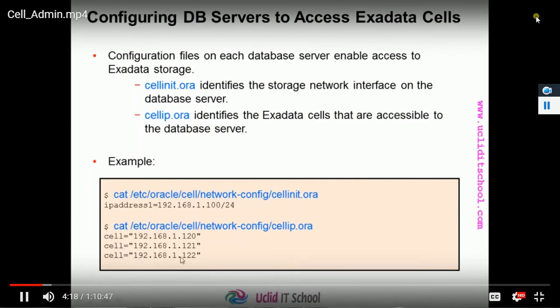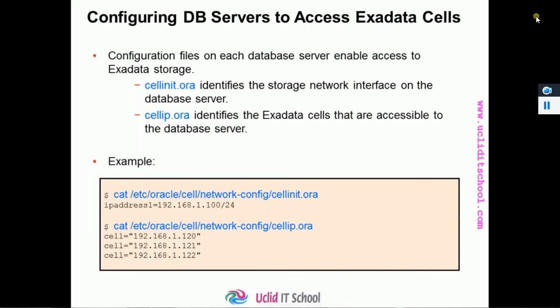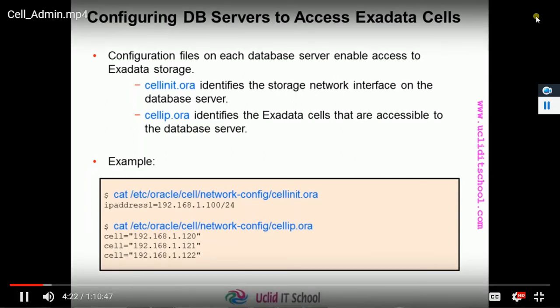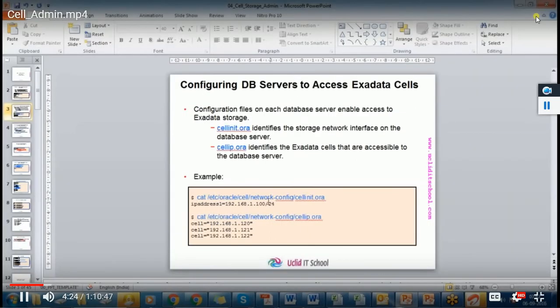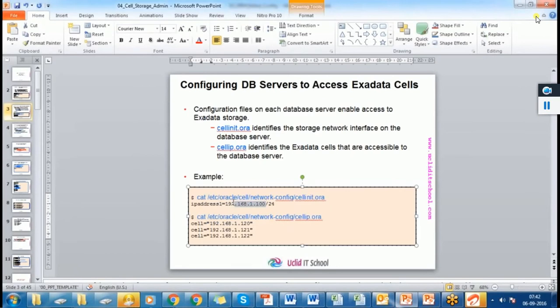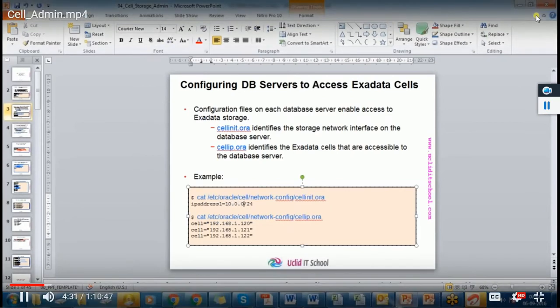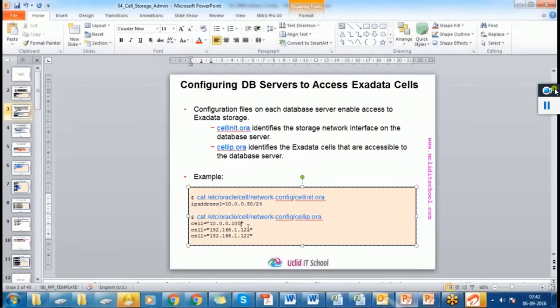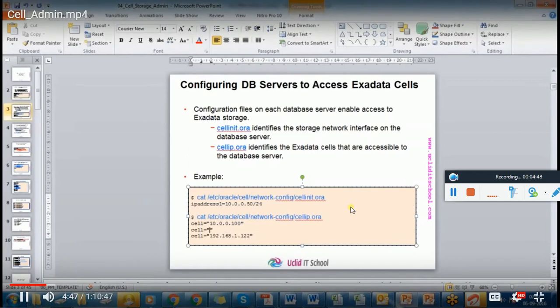In the lab, we have three cells, and in the lab I have a 10 series, not the 192 series. For every cell, you need to mention the IP.